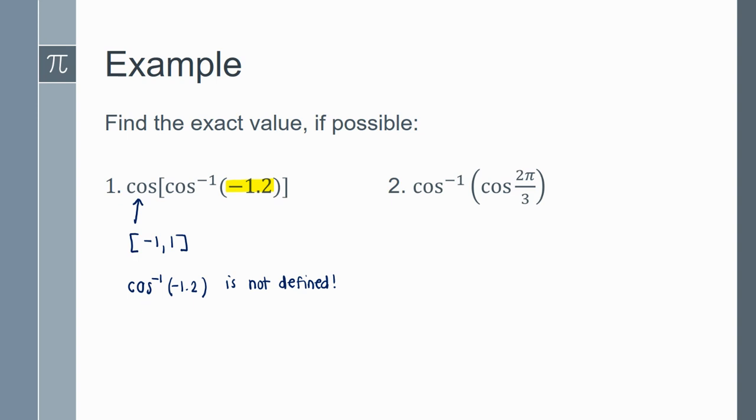Okay, so once again, it's because we're not going to get a special right triangle. We're not going to be able to come up with a 30, 60, 90 or 45, 45, 90. And so because this particular part of my problem is not defined, neither is the whole entire problem. So we would say that the whole entire problem is not defined.